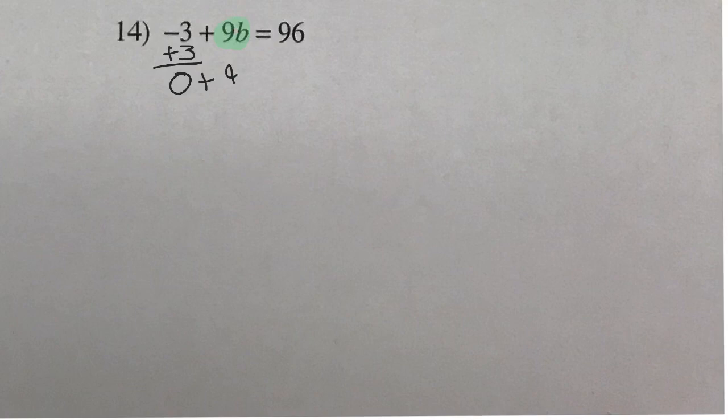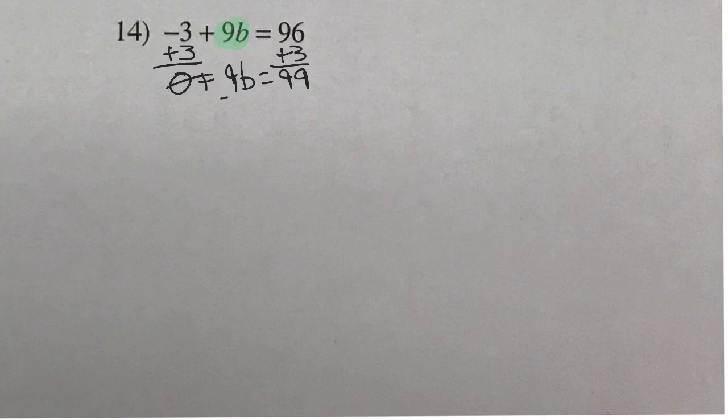And I end up with 0 plus 9b. But what I do to one side, I do to the other. Let's not forget that. 96 plus 3 is 99. So I've got 9b, because 0 plus I don't need. 9 times b equals 99.